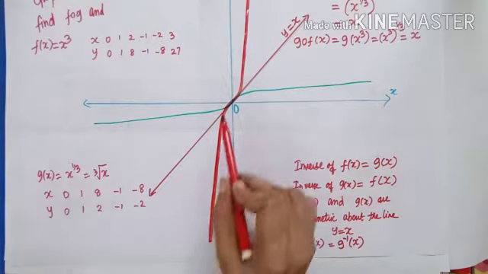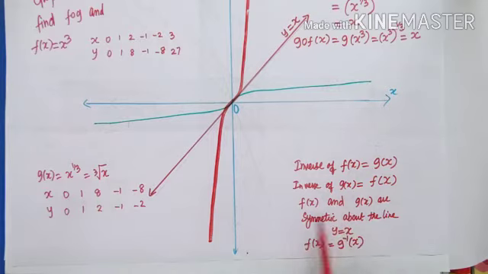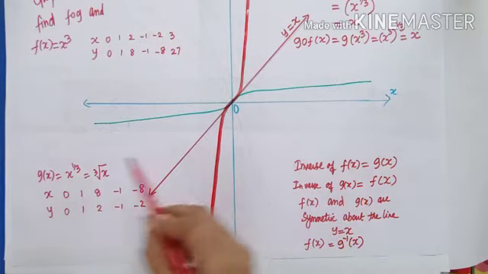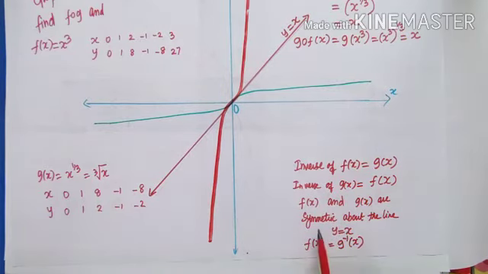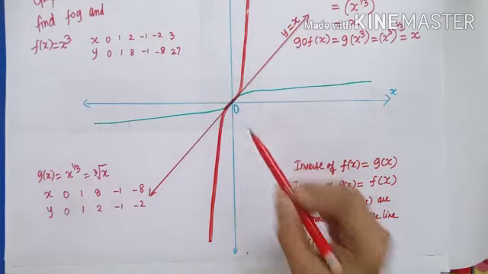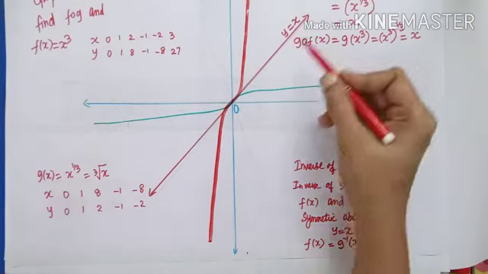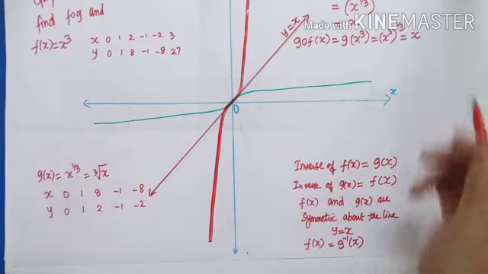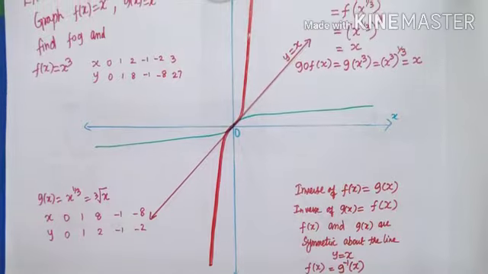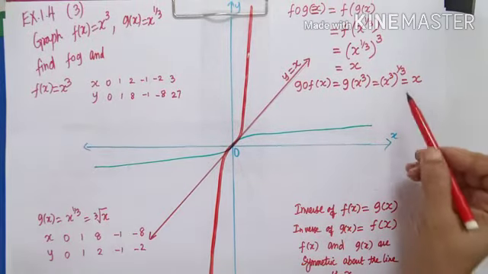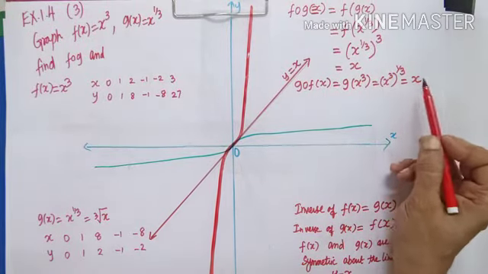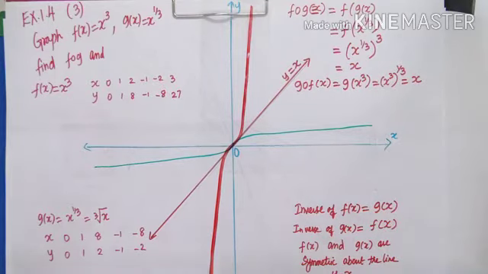And moreover, we write the two functions or the represented curves are symmetric about the line y equals to x. So graphically I have proved they are symmetric about y equal to x. Algebraically I have proved f composition g and g composition f are giving me identity function. And so in both the cases we have proved f and g are inverses of each other.